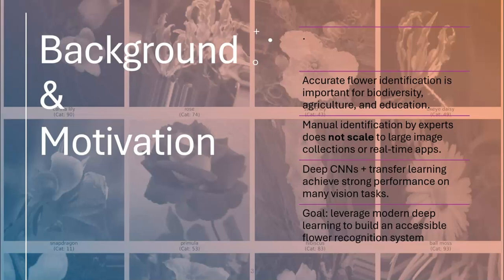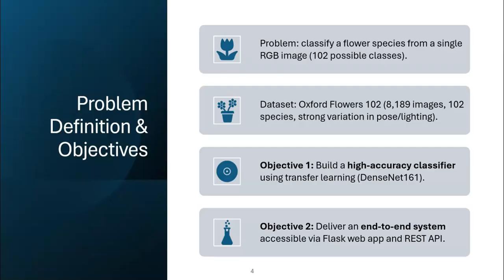At the same time, deep convolutional neural networks with transfer learning have become very strong for image recognition. Our motivation was to combine these ideas and build an accessible flower recognition system that everyone can use through a simple interface, so you can do it by yourself without a human expert.